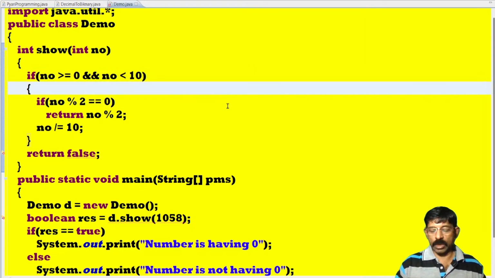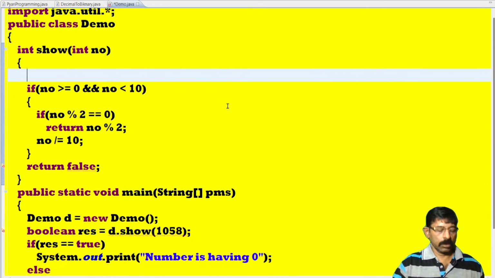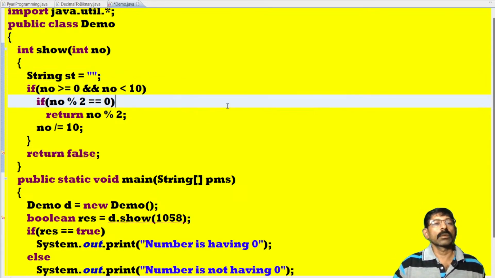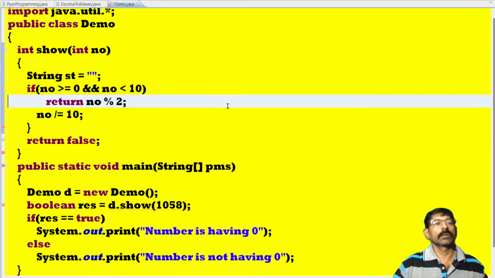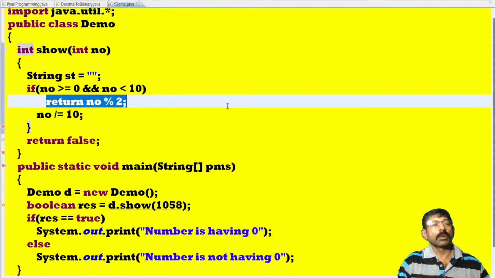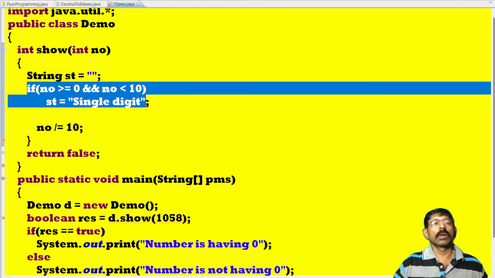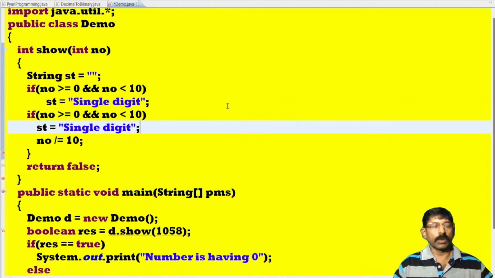So here I am saying String st is equal to initially null, and here I am saying st is equal to single digit. Like this I'm applying over here.